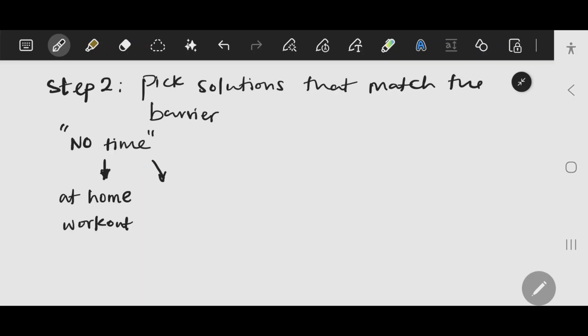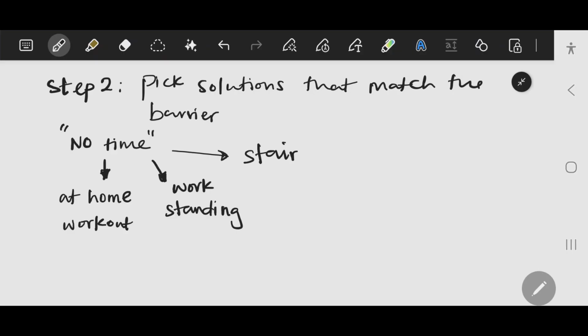You can advise them to maybe work while standing or while walking if they have a table treadmill, a desk treadmill or something like that. You tell them to take the stairs more and things like that don't take a lot of time, but there's still solutions that are realistic and that can actually increase their physical activity.